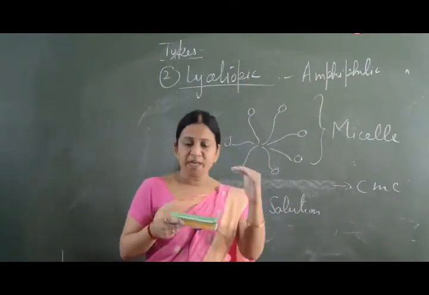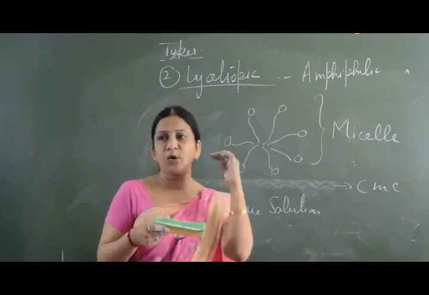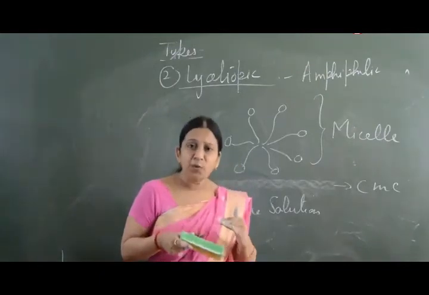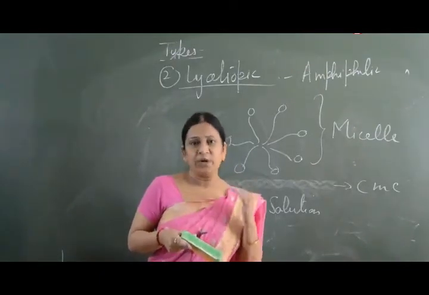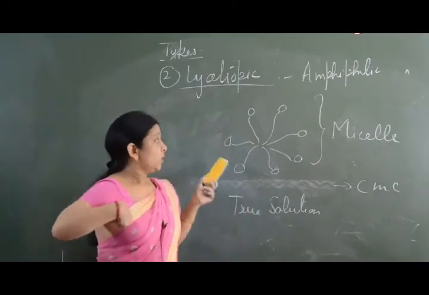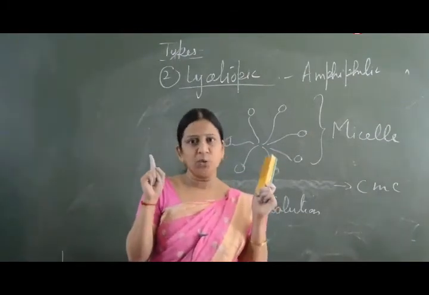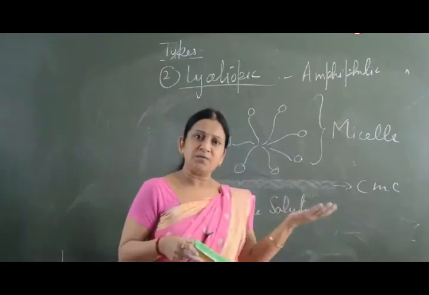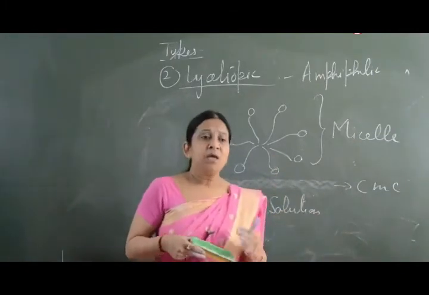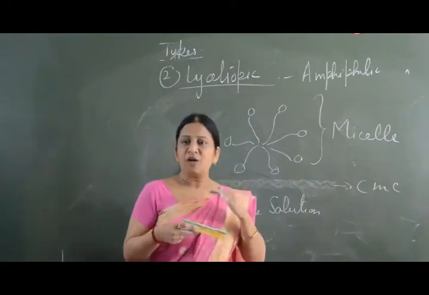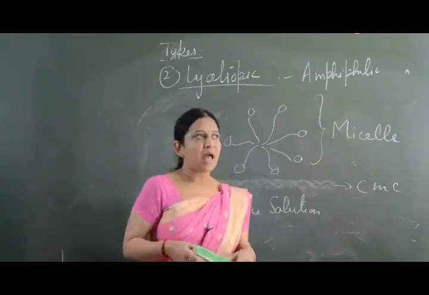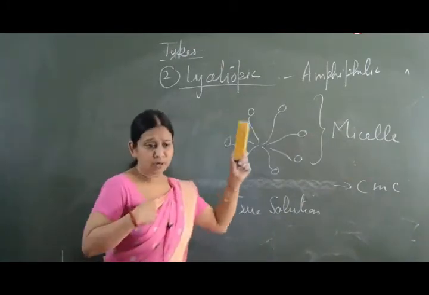And the point or the temperature at which it bursts, there we say that the lyotropic liquid crystal is formed. So the micelle, on increasing or decreasing the temperature, grows in size depending upon the type of substance. It reaches a saturation point, after which it bursts out as lyotropic liquid crystal.